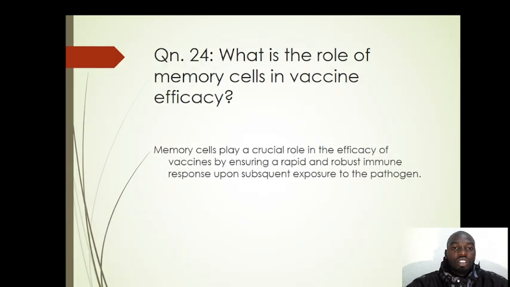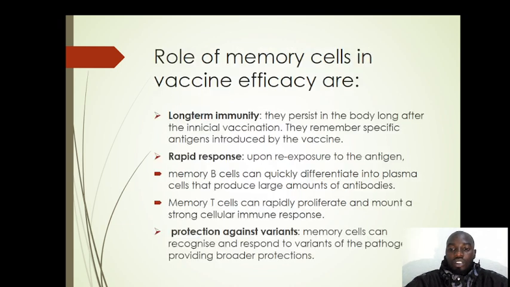The next question is question number 24. What is the role of memory cells in vaccines? First, efficacy. Memory cells play a crucial role in the efficacy of vaccines by ensuring a rapid and robust immune response upon subsequent exposure to the pathogens.